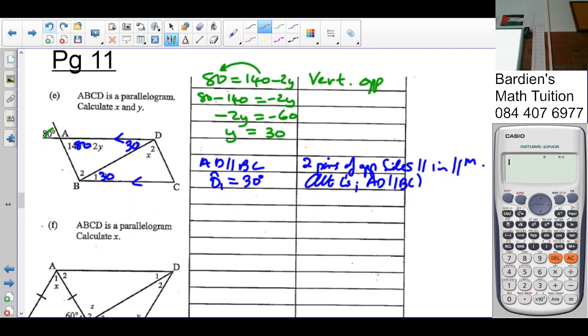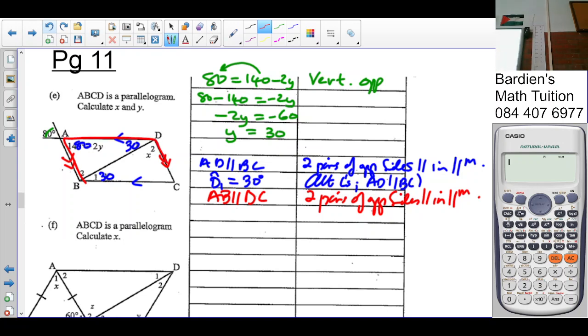Then she said that that is parallel to that side. Okay, so we're saying AD is parallel, AB, sorry, is parallel to DC. Why? Two pairs of opposite sides parallel in a parallelogram. Now we're going with the fact that that is co-interior angles.